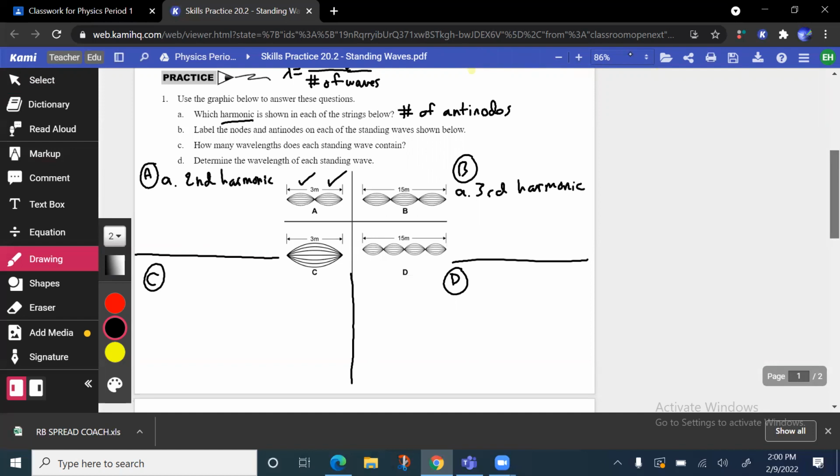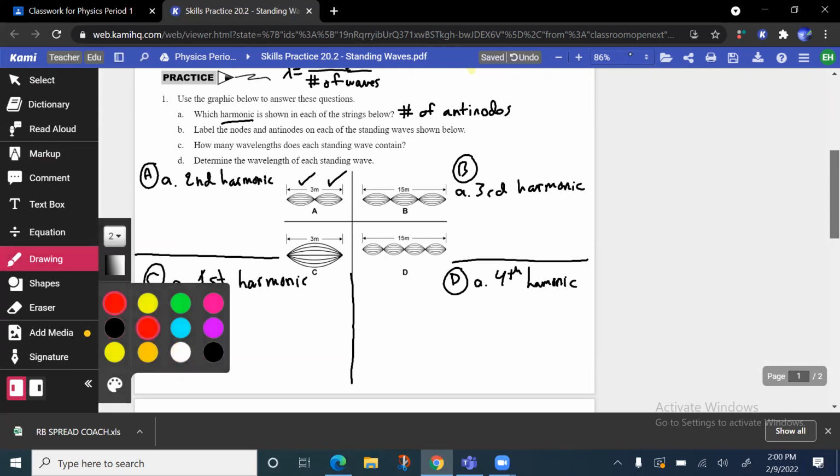For wave C, you're looking at the first harmonic. And for wave D, you're looking at the fourth harmonic.